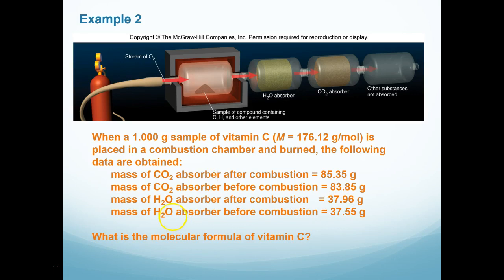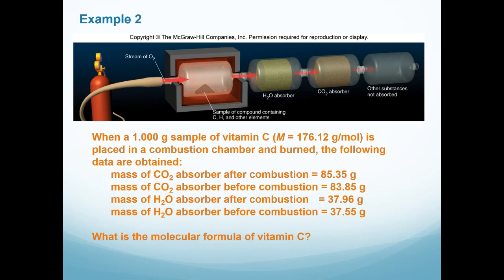We can do the same thing for hydrogen. We can figure out the amount of water. All of our hydrogen has to go to water, so we can figure out from the grams of water how many grams of hydrogen we started with initially. Since we have a 1 gram sample and we only have carbon, hydrogen, and oxygen, if I know the amounts of carbon and hydrogen, I can subtract those from the mass of the sample to get the grams of oxygen, right?